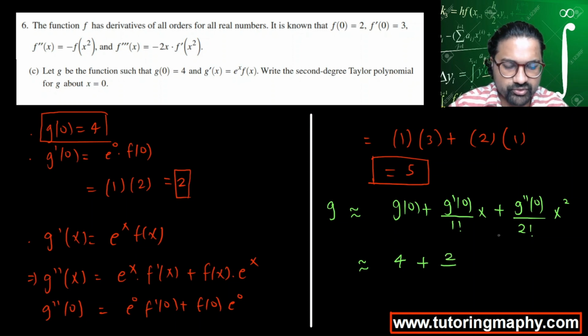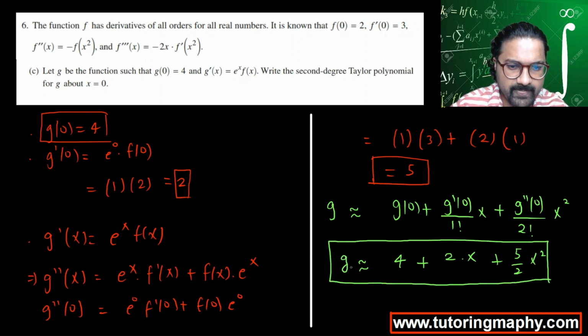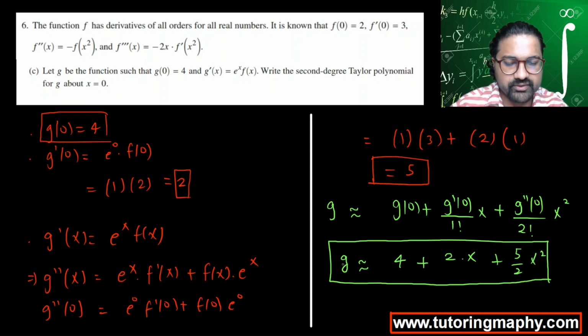G prime 0 is 2, 1 factorial is 1, so it's 4 plus 2x, and then the value of g double prime 0 is 5, and 2 factorial is just 2, so it's 5 over 2 x squared. This is the approximate Taylor function g of second degree. So this is our final answer.